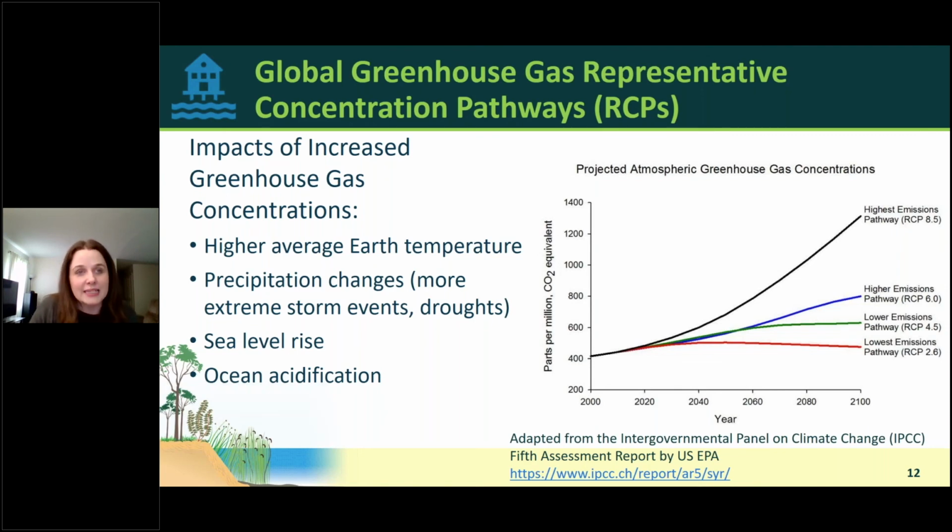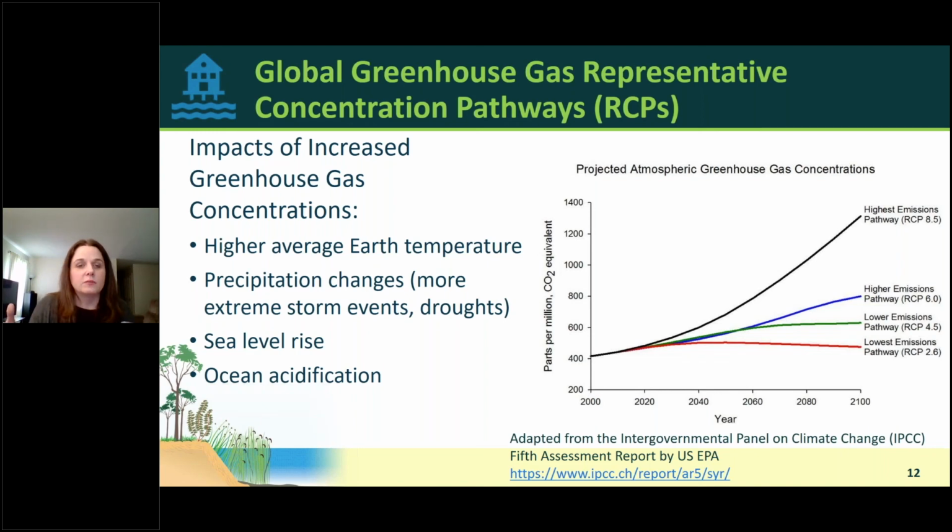Now, the different impacts that can occur with these increased greenhouse gas concentrations: we're going to see a higher average Earth temperature. We're also going to see precipitation changes, more extreme storm events in some areas, and drought issues in other areas. And then we also have sea level rise with the glaciers melting, the polar caps, and also thermal expansion.